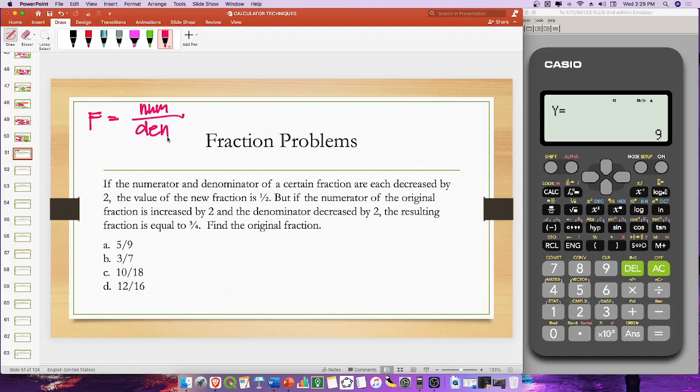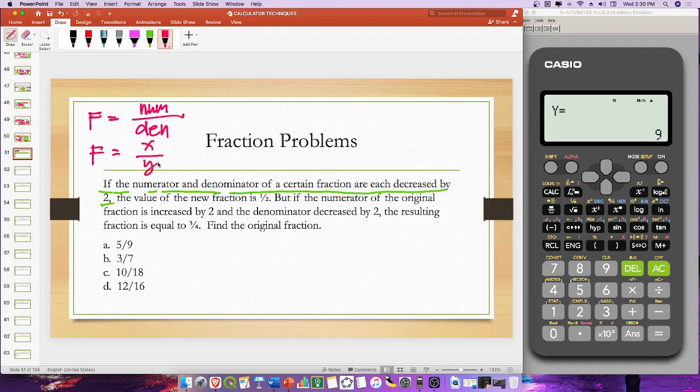So from there, we can create mathematical equations from the mathematical sentences. So let's try to analyze the first statement. If the numerator and the denominator of a certain fraction are each decreased by 2, take note, decreased by 2. So we don't know the fraction, so we can say that my fraction is x over y.